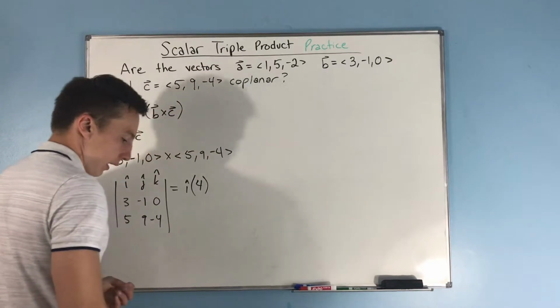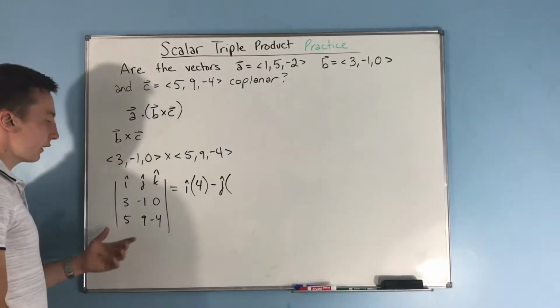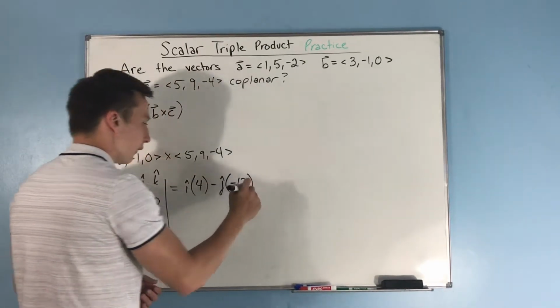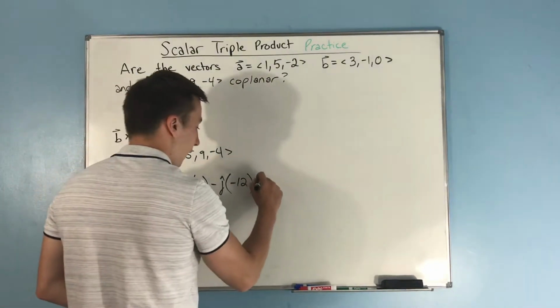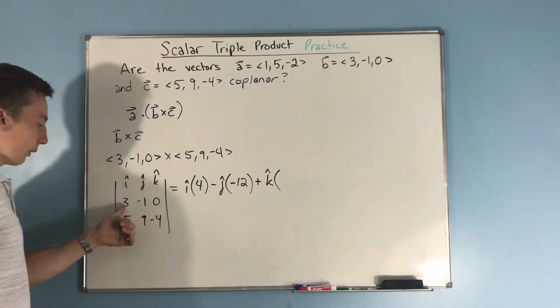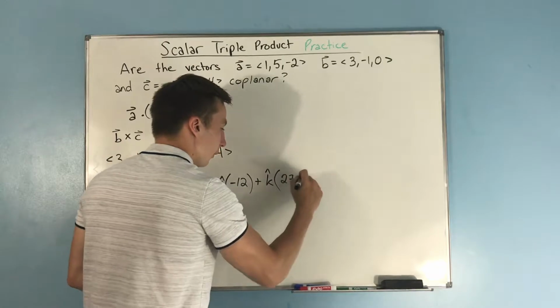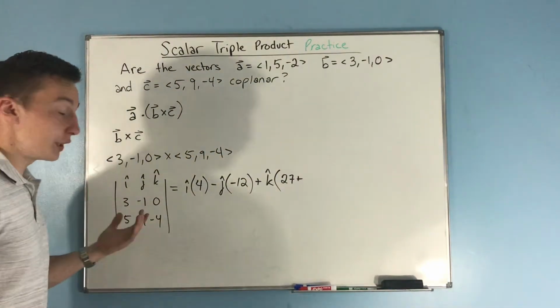Next we have minus j hat times 3 times -4, which is -12, and we get a 0 when we do 5 times 0. Next we have plus k hat times 3 times 9, which is 27, and then minus 5 times -1, which is -5.